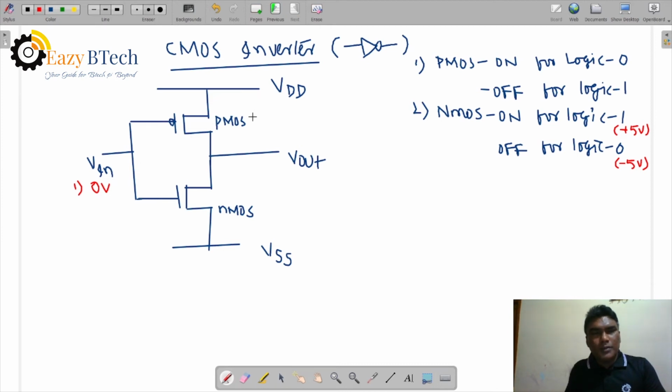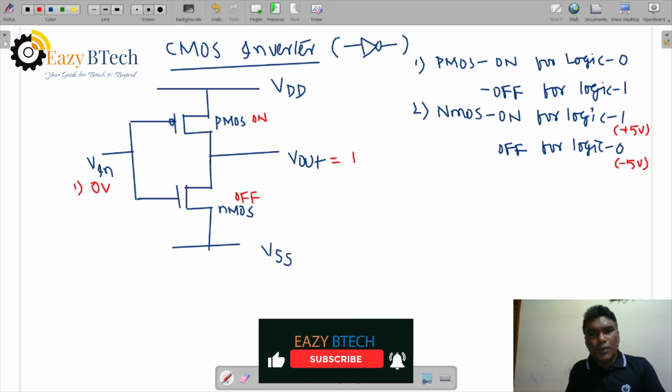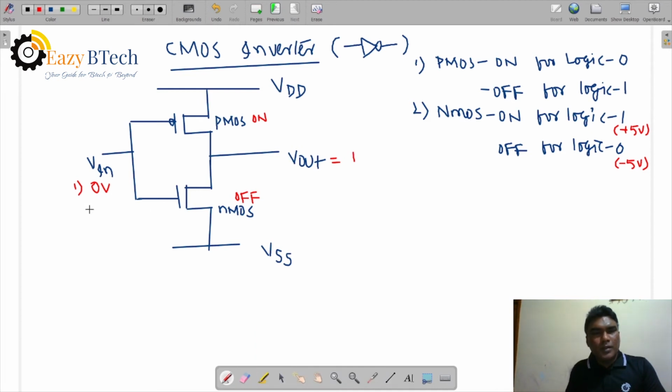For 0, PMOS is on and NMOS is off. So the output is disconnected from ground, and output voltage is equal to VDD, or logic 1.